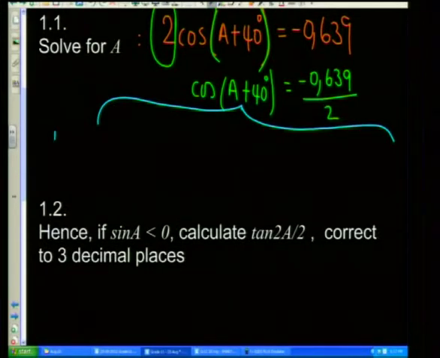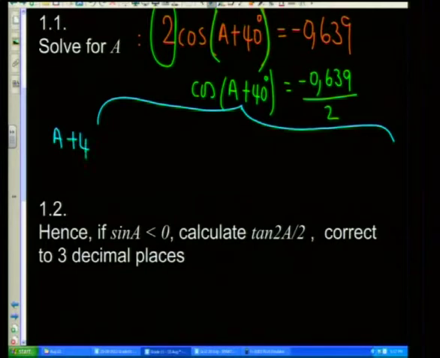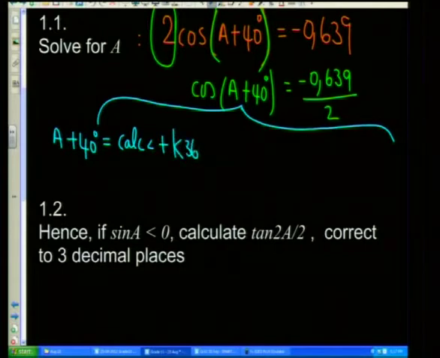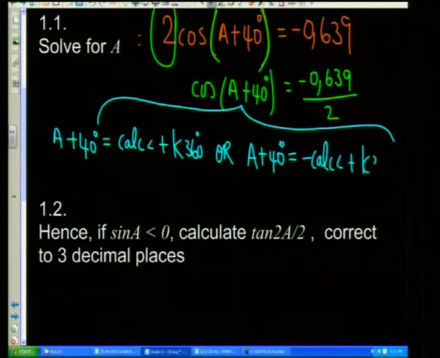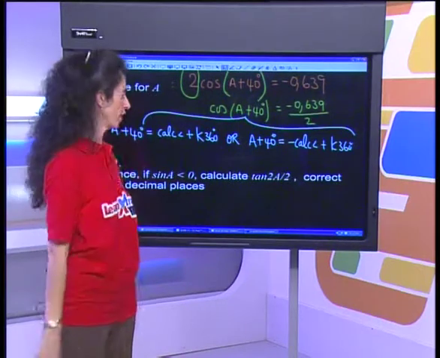So A + 40° is equal to the calculator angle plus k·360°, or A + 40° is equal to the additive inverse plus k·360°. Where do we get that from? Because the cos function is symmetrical.